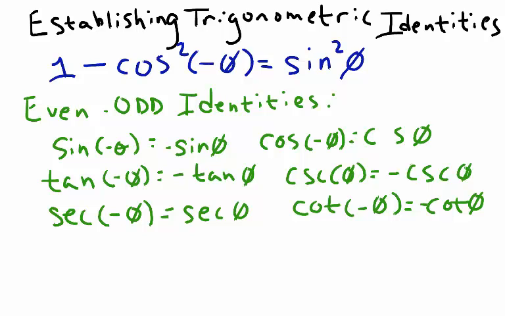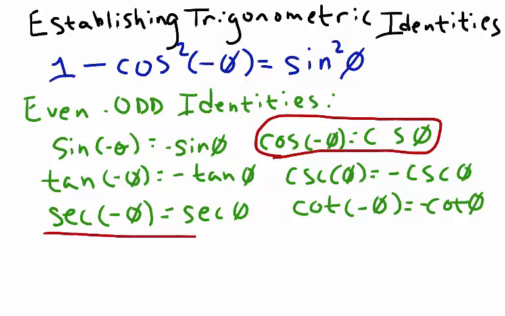Note that in the cases where we have a negative angle, cosine negative theta, we have positive cosine theta as its identity, and for secant negative theta, it's equal to positive secant theta. The remaining cases are negative.